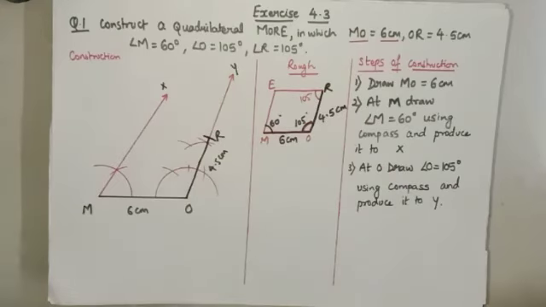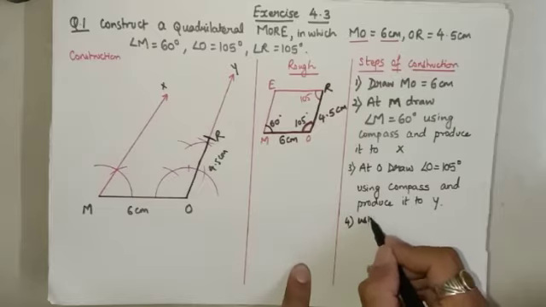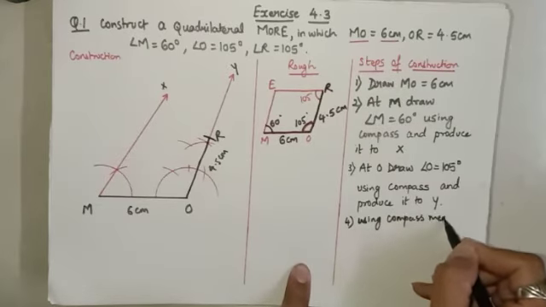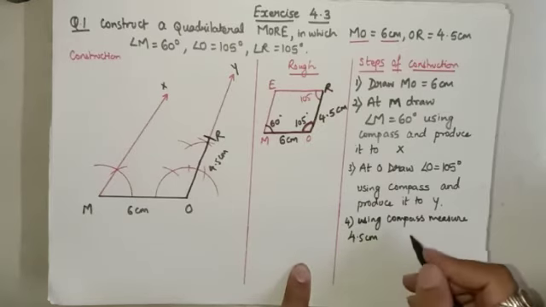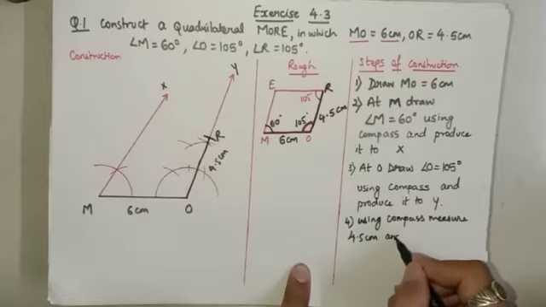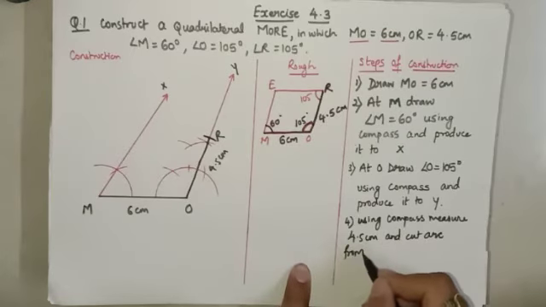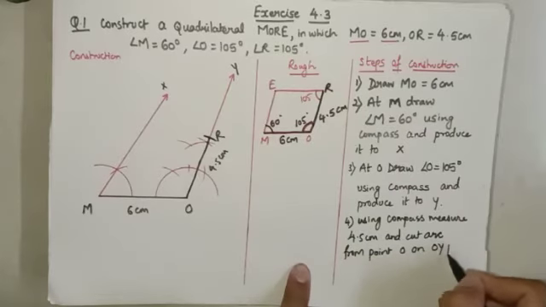So I am writing here what we did right now. Using compass, measure 4.5 centimeter, okay, and cut arc from point O on OY produced.